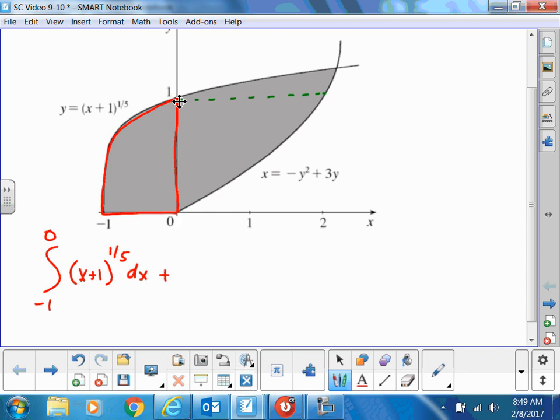So we're going to have to do two separate sections here. And while we're at it, since we're doing it in terms of y, we're going to have to get the y equals (x plus 1) to the 1/5 with x by itself. So we'll start out by raising both sides to the 5th. So we'll have y to the 5th equals x plus 1. So therefore, x is equal to y to the 5th minus 1.